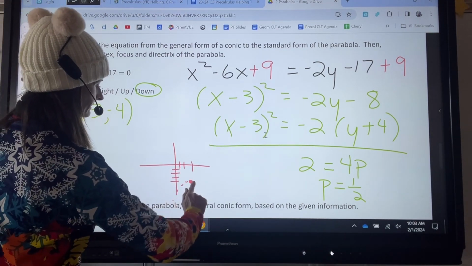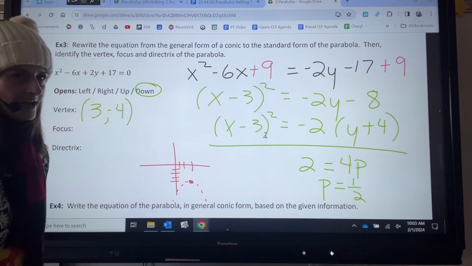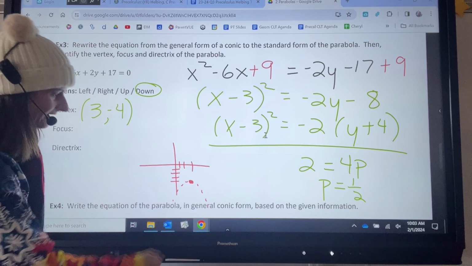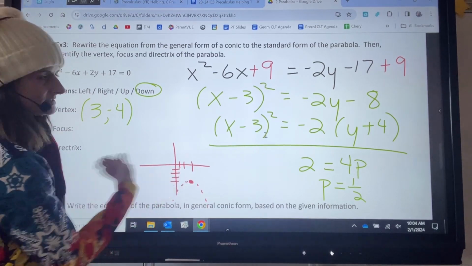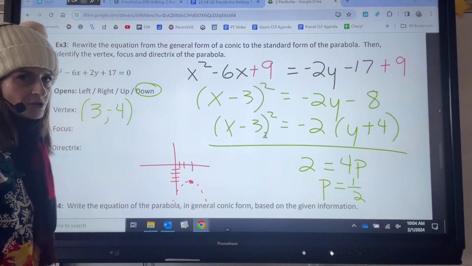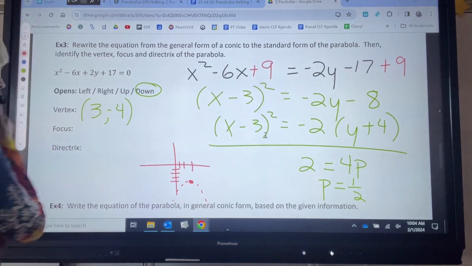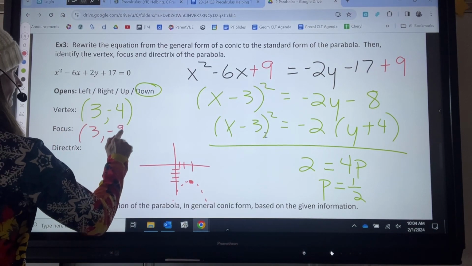So it looks like this. If we're trying to find our focus, we're going to be adding a half to that, or I guess subtracting a half because we're going down. So that negative 4 is negative 8 halves, so this is going to be negative 9 halves if you add an extra half. So that's just going to be a 3, negative 9 halves.